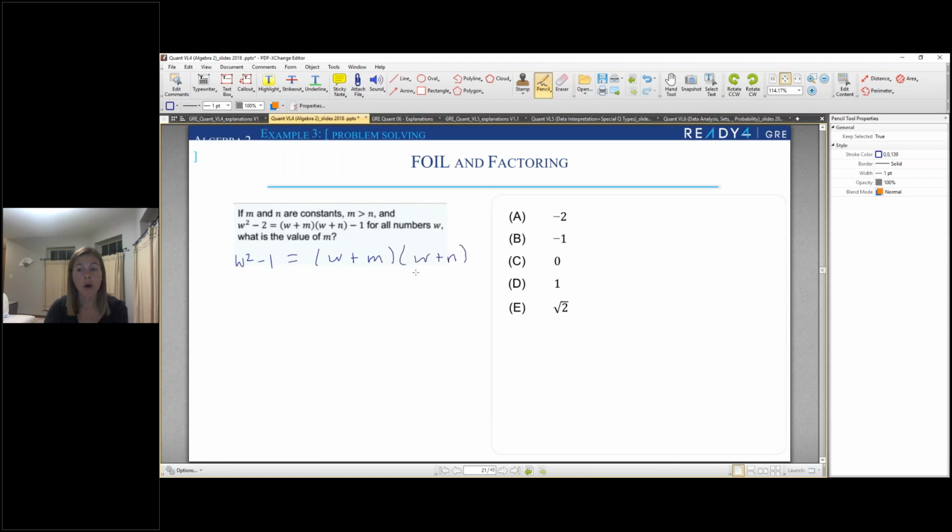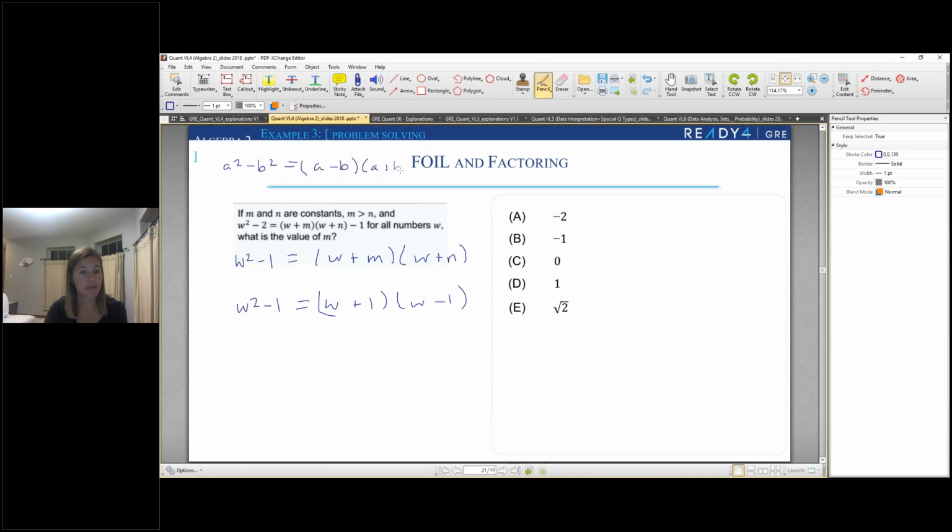We also know that w squared minus 1 factors to make (w plus 1)(w minus 1). And the reason we know that is because of this whole difference of squares thing, that a squared minus b squared can be rewritten as (a minus b) times (a plus b).